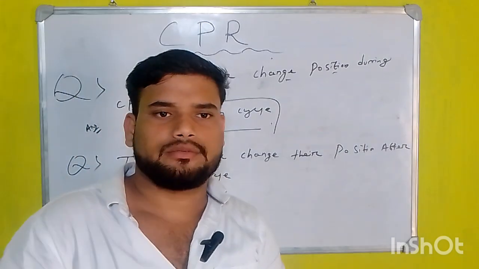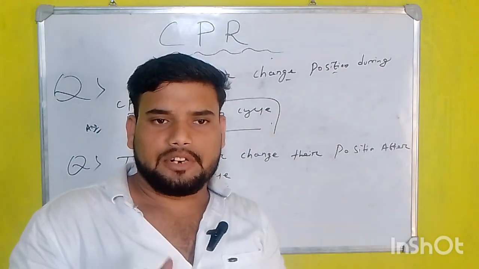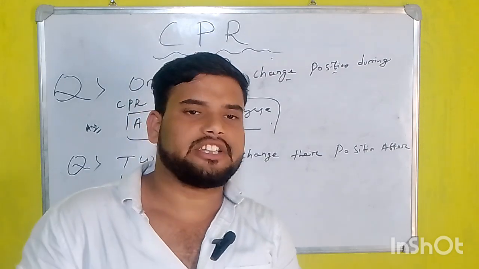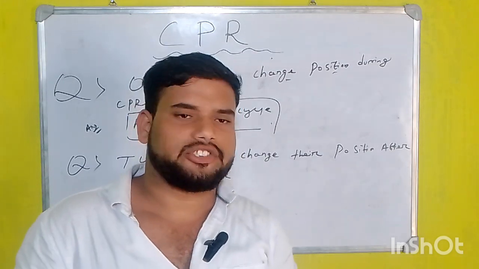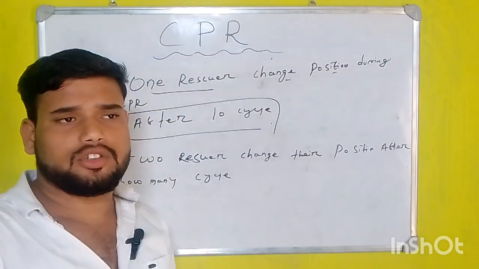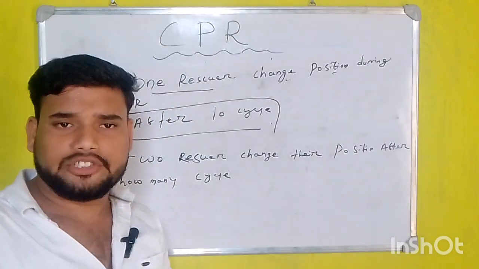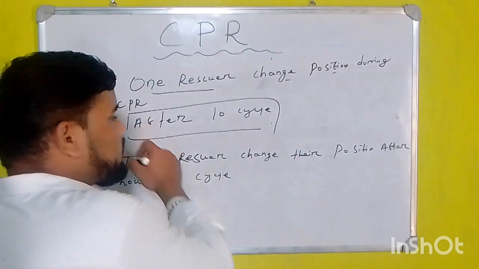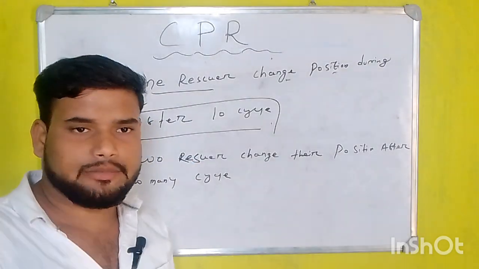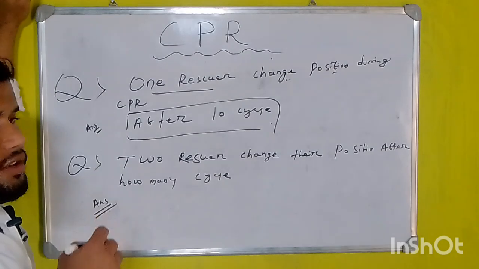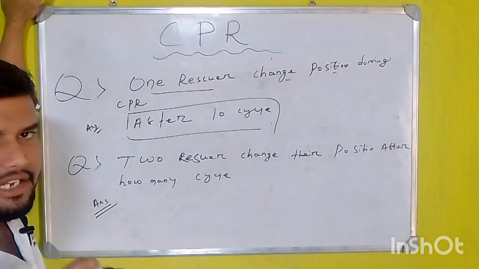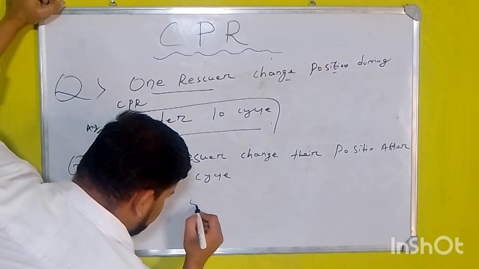In case of one rescuer, the position change is after 10 cycles. And in case of two rescuers, after how many cycles do they change their positions? That means after 5 cycles.